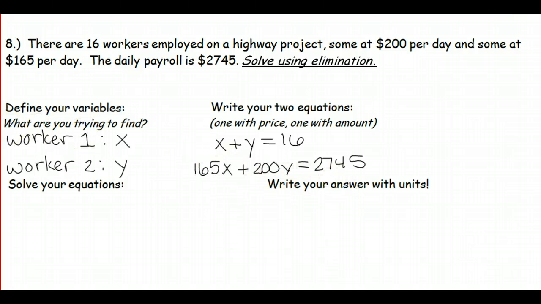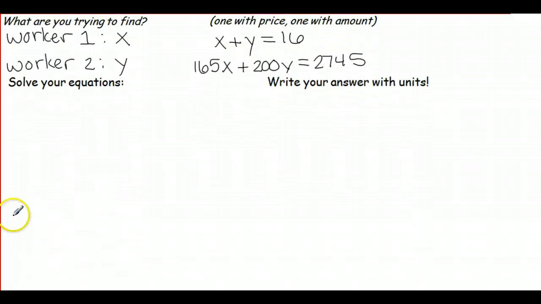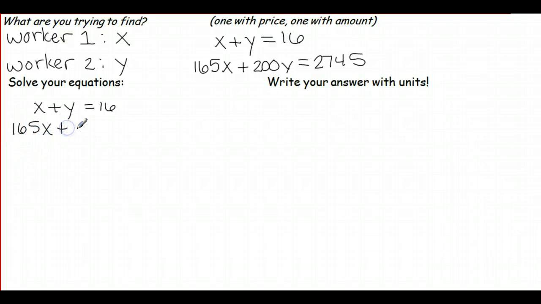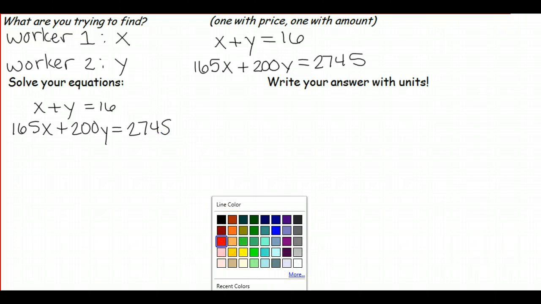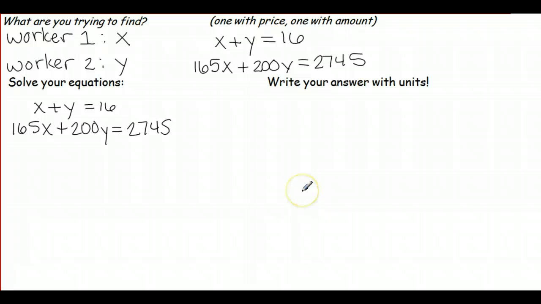So there are our two equations. I'm going to go ahead and set them up down here. x plus y equals 16, and 165x plus 200y equals 2,745.